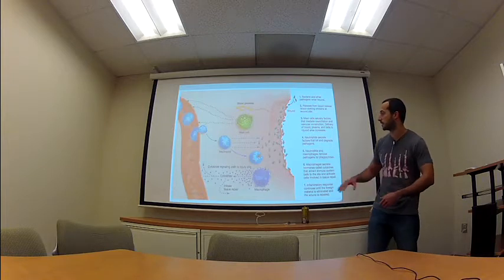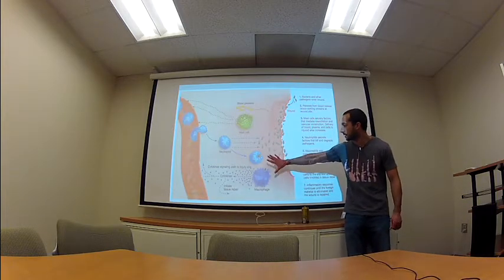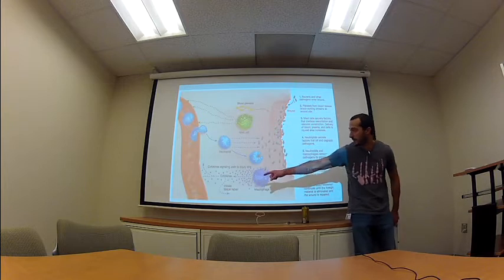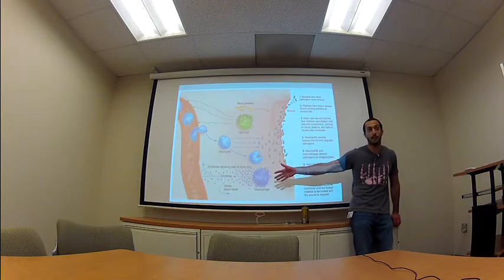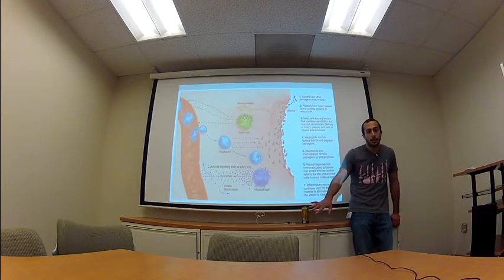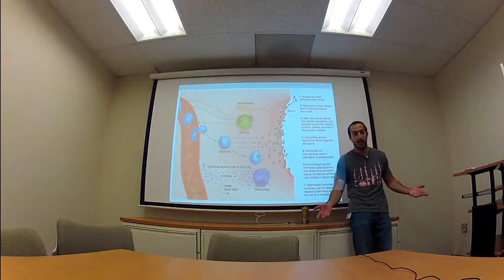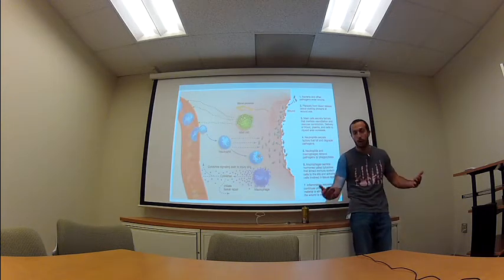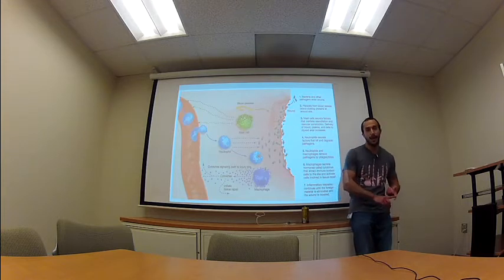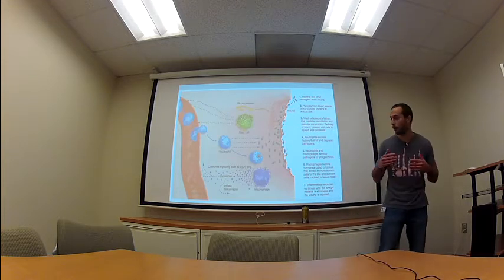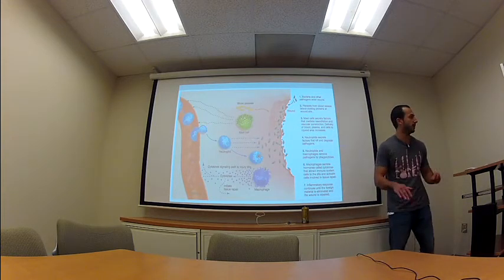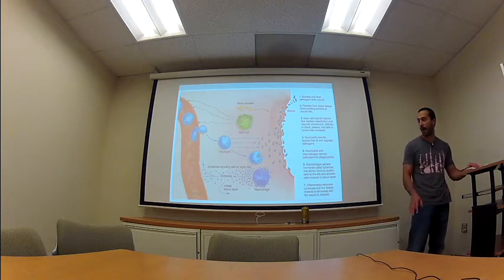The adaptive immune system, what would happen is once these things get engulfed, they can then get back into the blood system, or into the lymph system rather, get into the lymph, and then present these things to cells in the adaptive immune system. So present them to B cells and T cells so that we can then start our adaptive immune system, which I'm not going to talk a lot about.